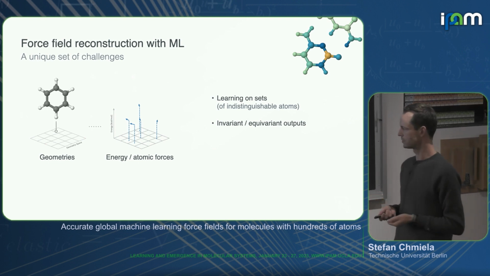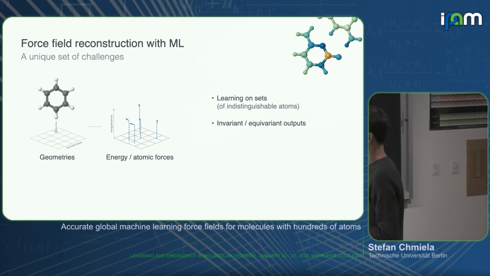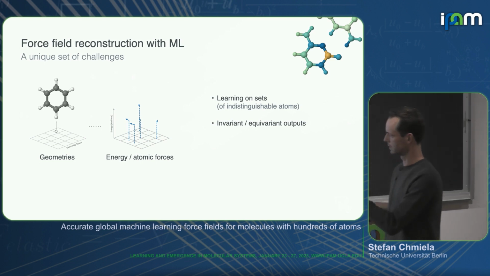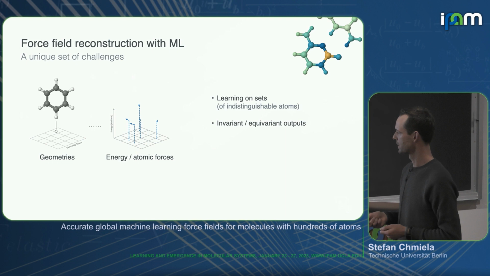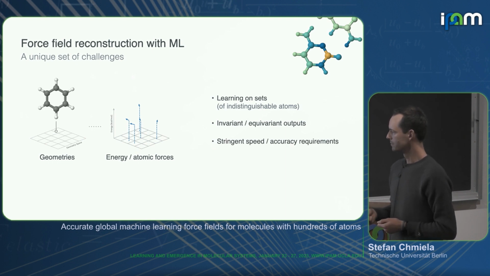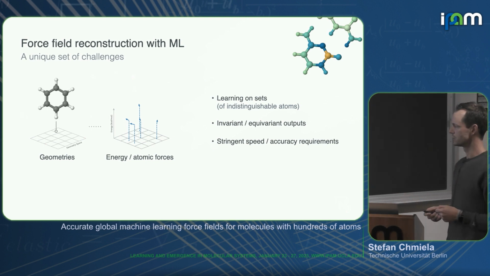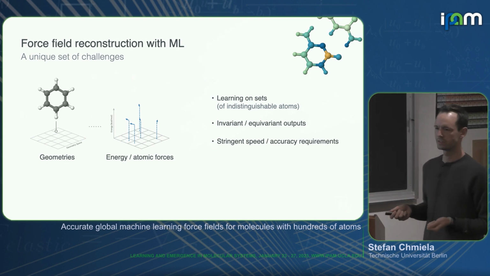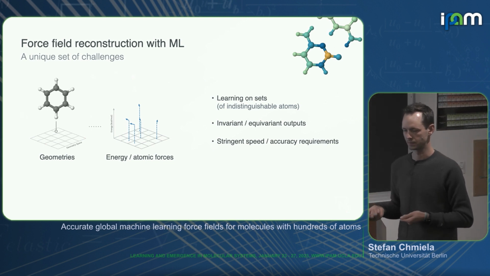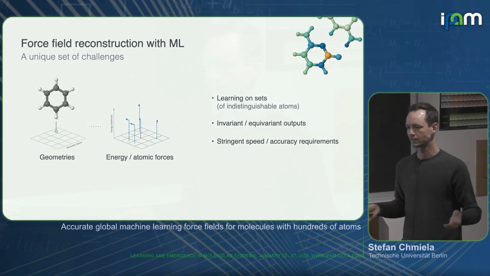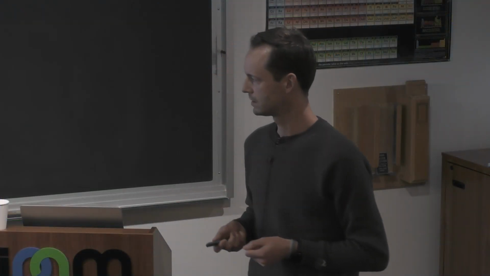So energy and forces, they have certain properties that we ideally would like to incorporate as well. And there's one extremely unique property about this field, which is that we have very stringent speed and accuracy requirements. This is usually not the case in many other machine learning fields.